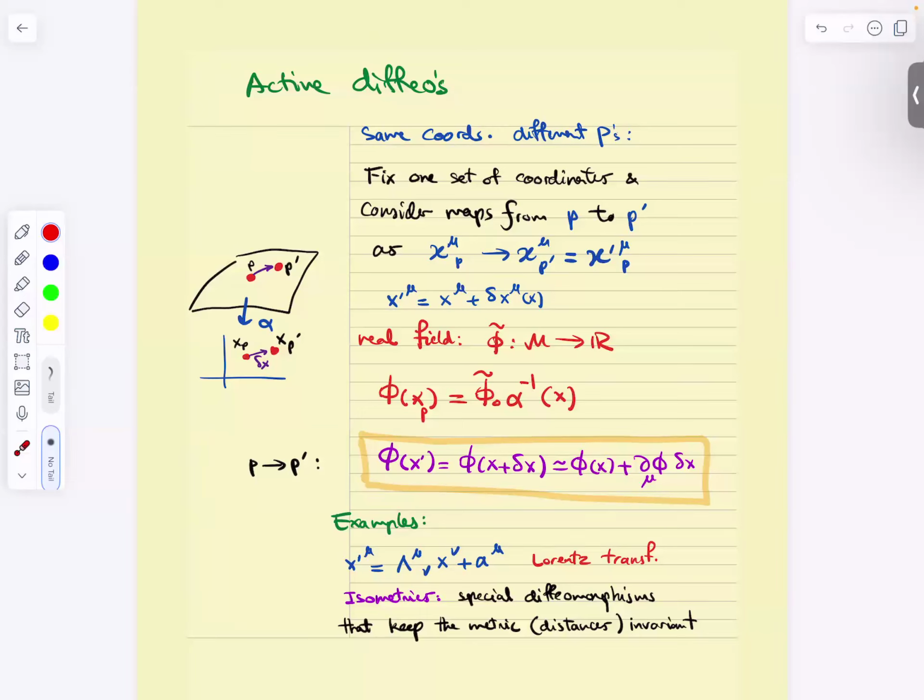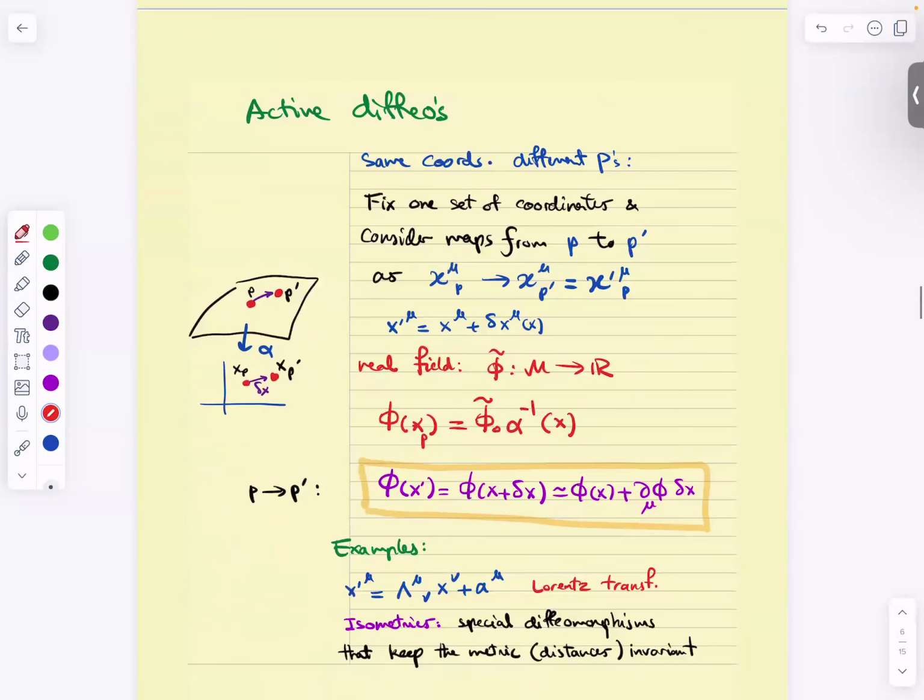Phi tilde is a function of P, and P is alpha minus 1 of x_P. So the field is phi tilde, but we colloquially use phi of x, which is the combination of phi tilde and alpha minus 1. Good?